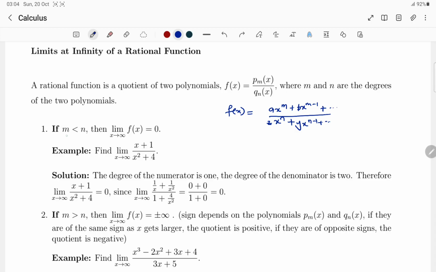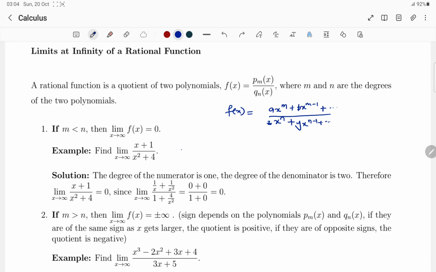If m is less than n, then the limit as x approaches infinity of f of x is equal to 0. To prove that, we're just going to use a particular example. We have the limit as x approaches infinity of x plus 1 over x squared plus 4.